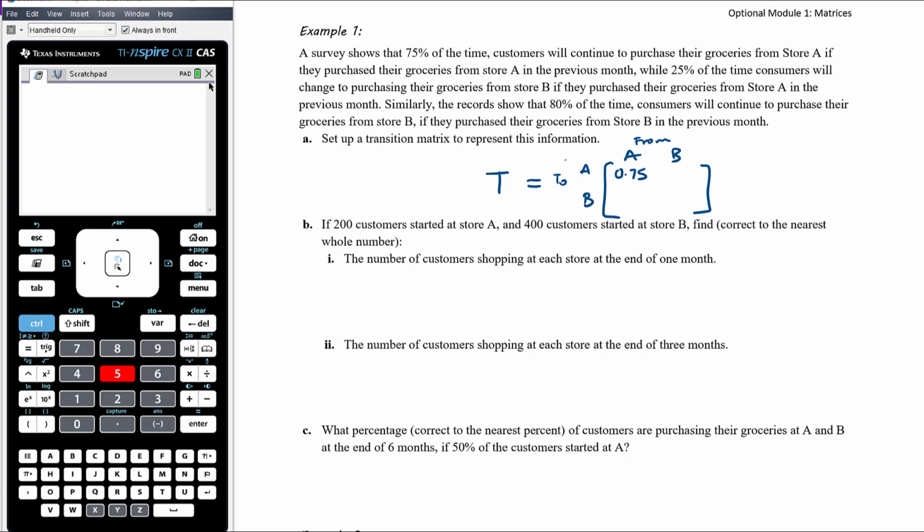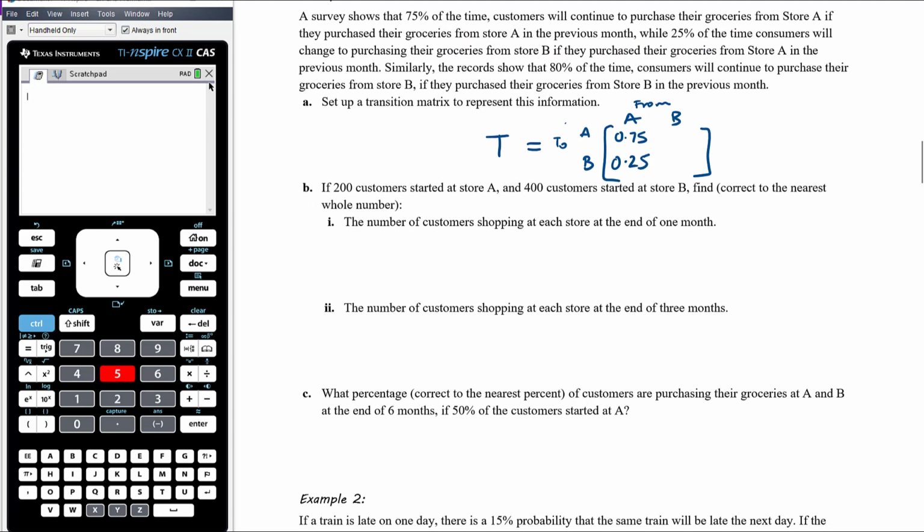The next sentence doesn't need to be given to us because we automatically know the column has to add up to 1, and so we know that there must be 0.25 here. But it does say that in the question. 25% of the time, customers change to purchasing their groceries from store B if they purchased from store A in the previous month. So from store A, they move to store B 25% of the time. Okay, so that's what we've got in our matrix.